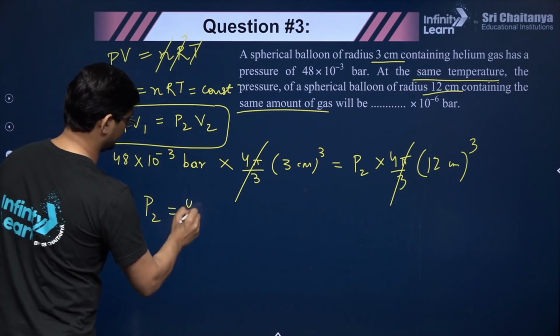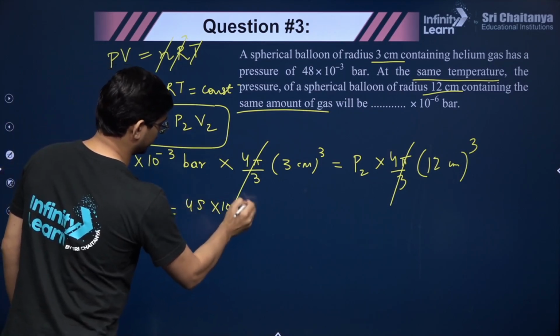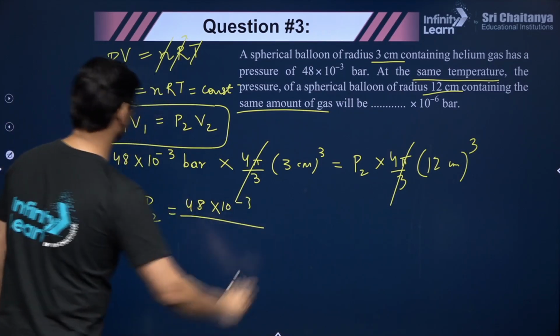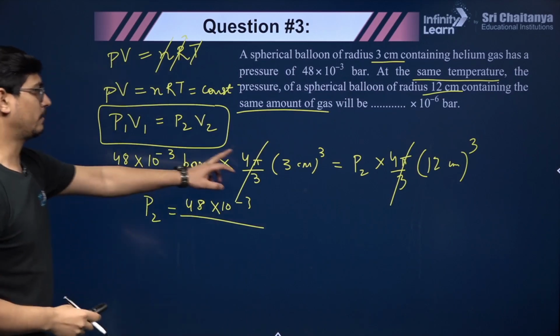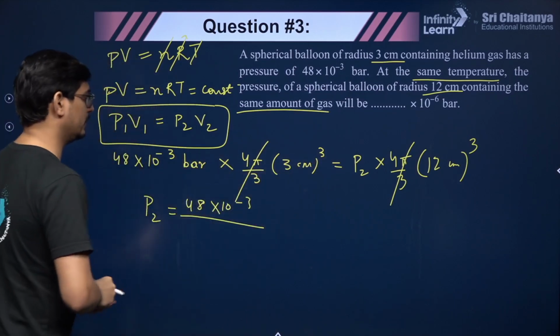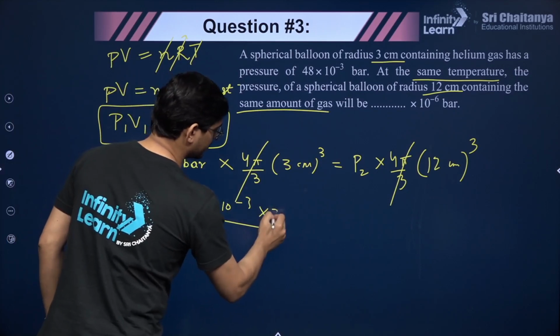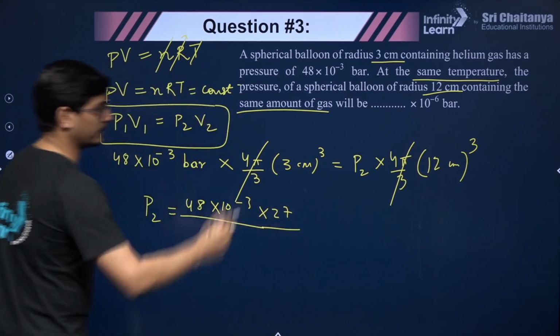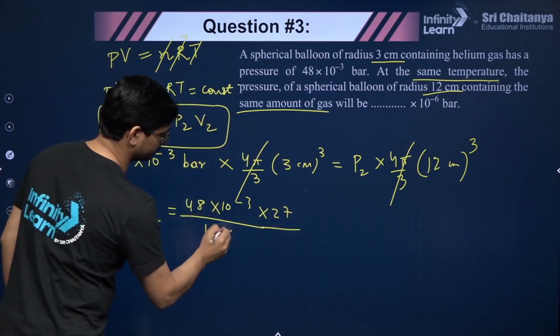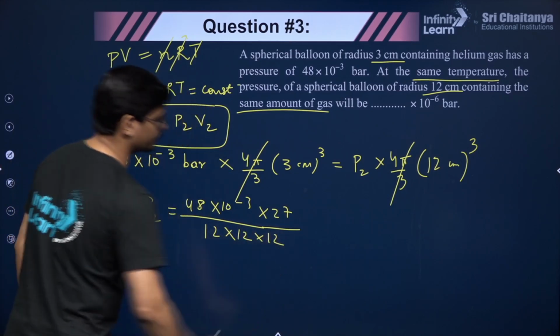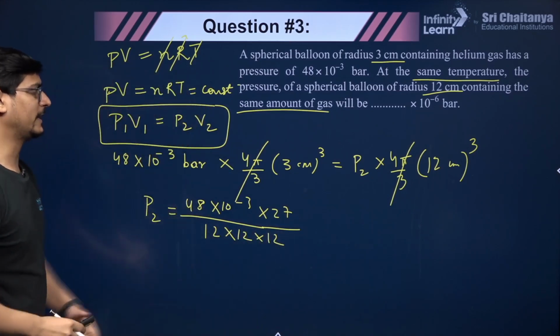So pressure will be 48 into 10 raised to the power minus 3. Alright, this is the pressure. 4 pi by 3 has cancelled out, so this is 3 cube, which is 27, divided by 12 cube. Now I think you do the calculation.